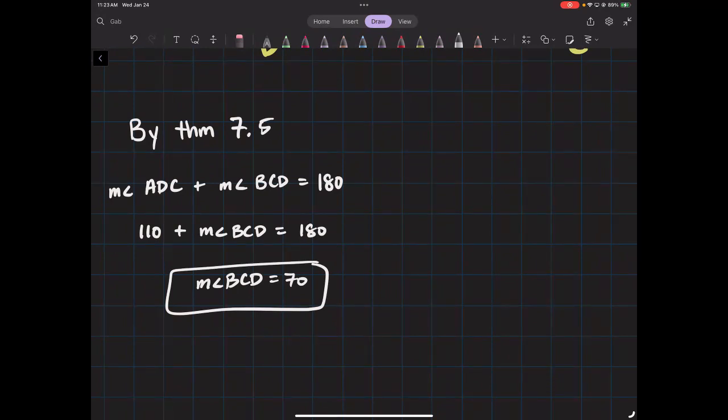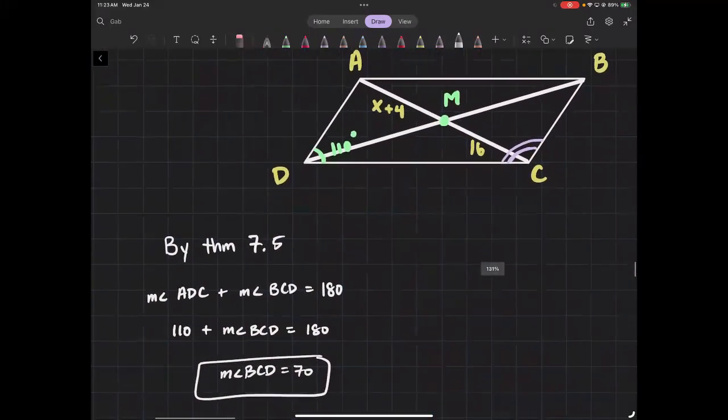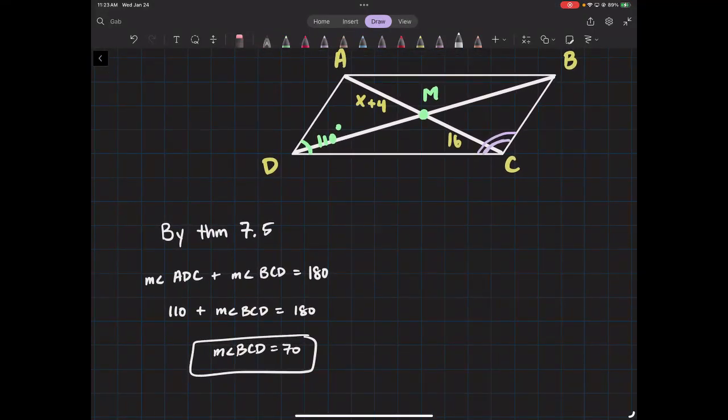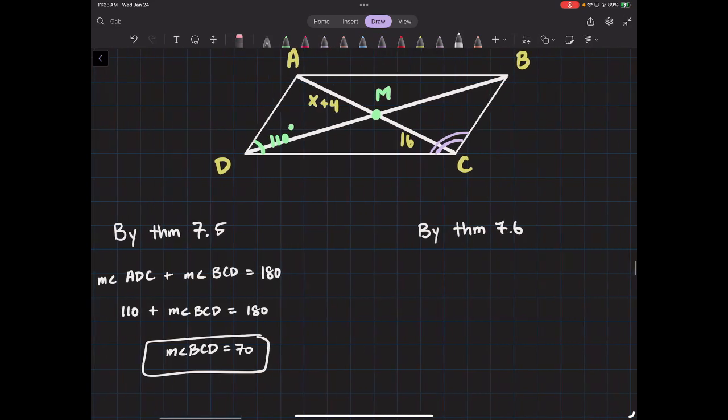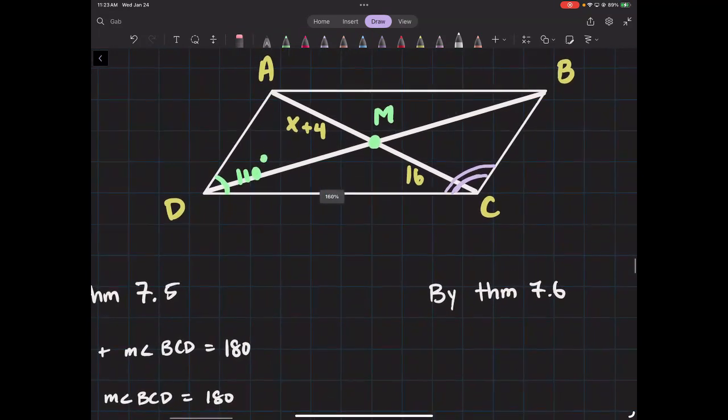For the other part, 7.6, because we're dealing with what? That line has a name, starts with a D, diagonal. Okay? So, due to that theorem, what are you going to do with AM and MC? Set them equal to each other, or make them congruent.